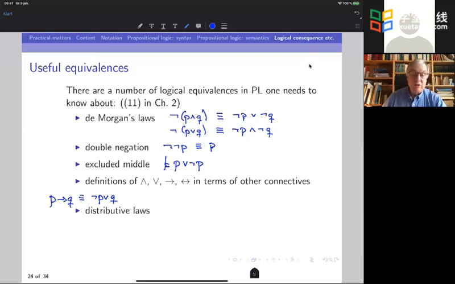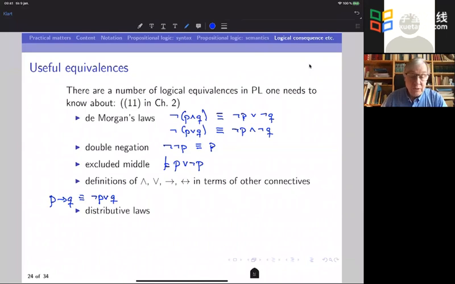P implies Q is equivalent to, has the same truth table as, not P or Q. And you can just check the truth tables. By the way, this is one reason that we want to use that truth table for implication, because this equivalence here is very handy and very natural.